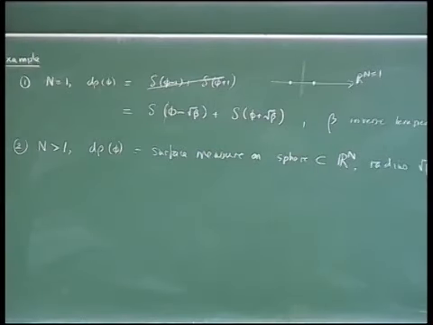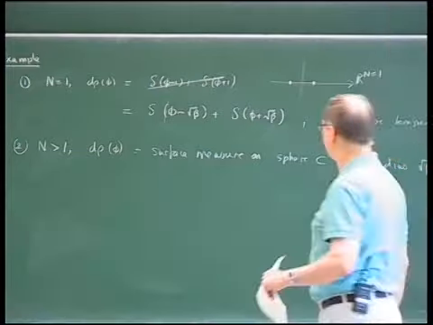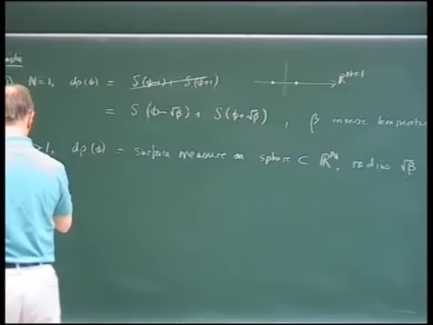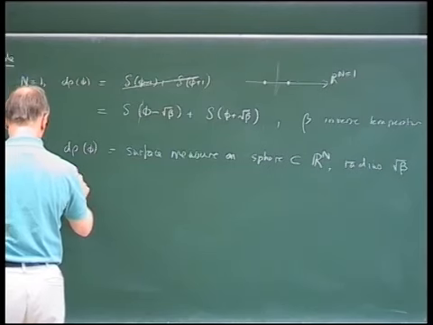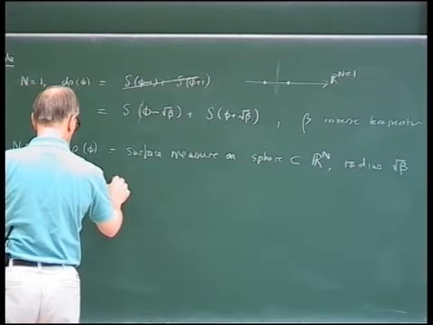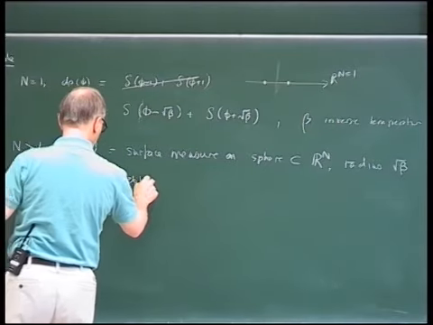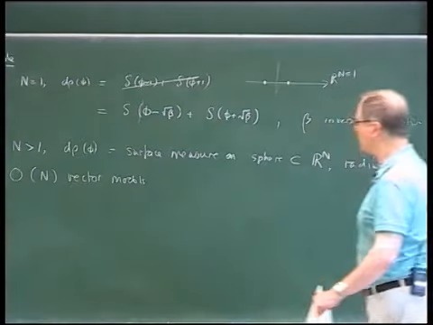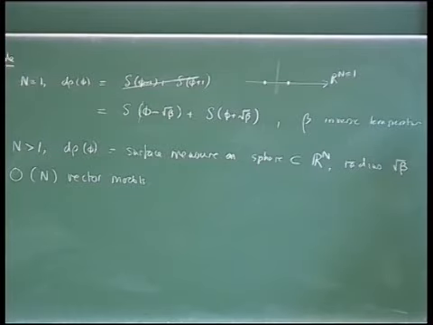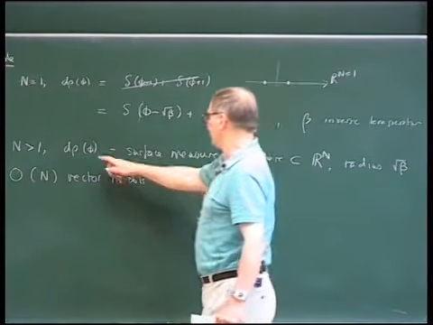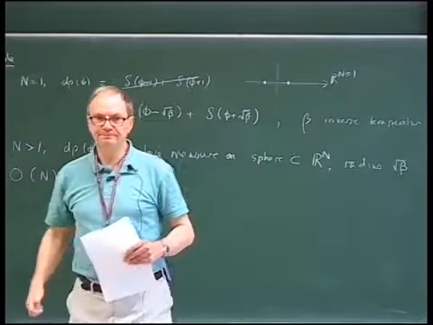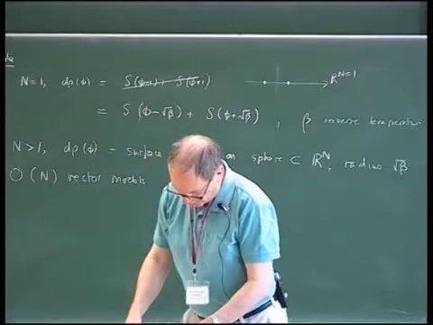These are called the rotator models or the O(N) vector models. And sometimes they're called lattice nonlinear sigma models too. And so rotator is the case N equals 2.